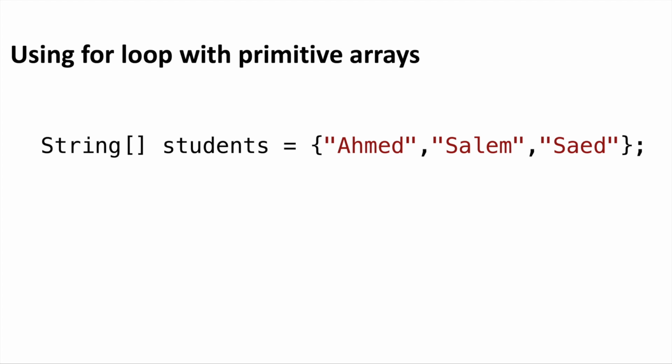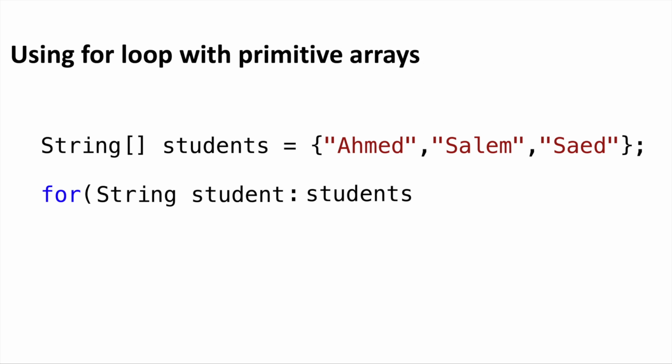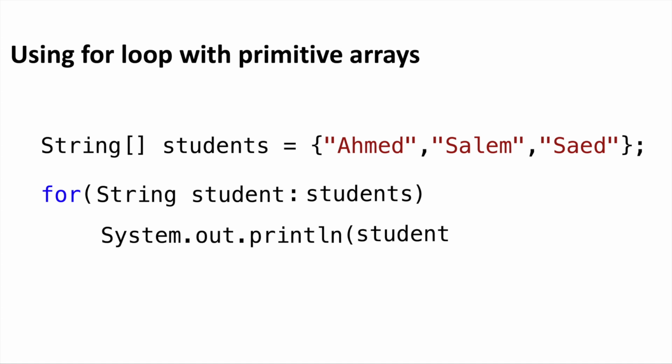So we have a string array which has those data. We can apply the same thing, and this array we call it students. So for each student in students, do the following. Print student.